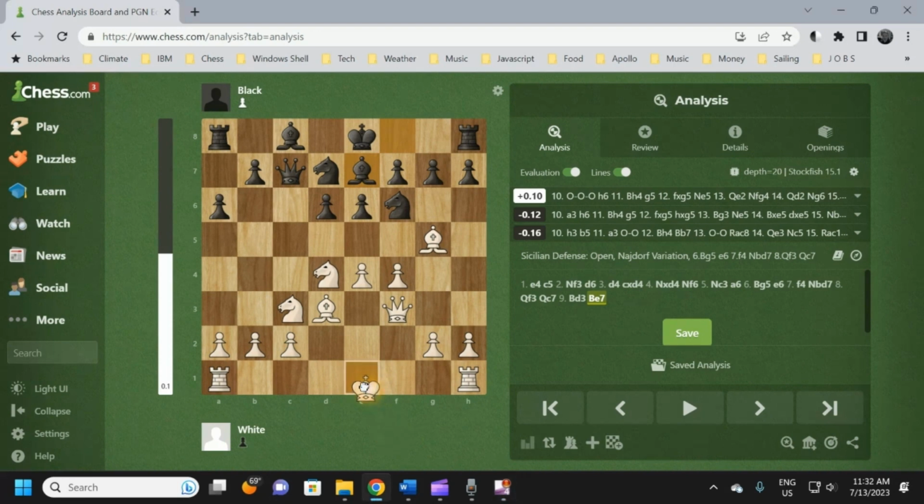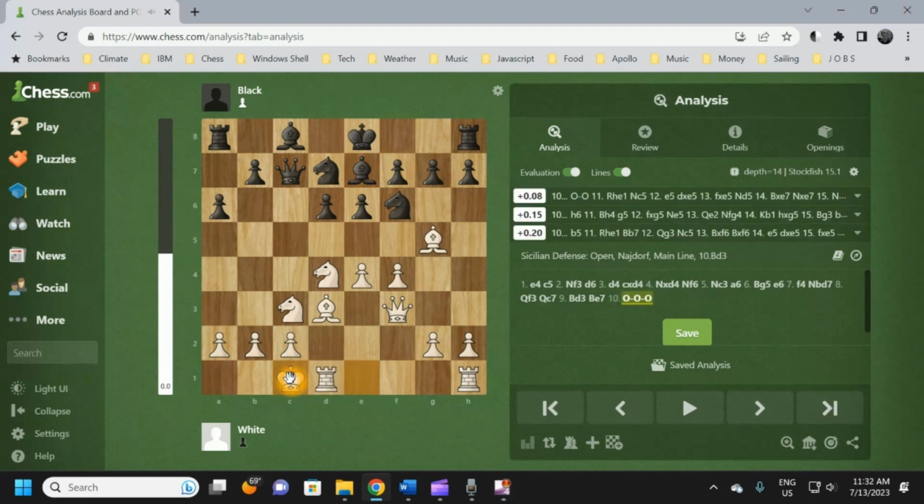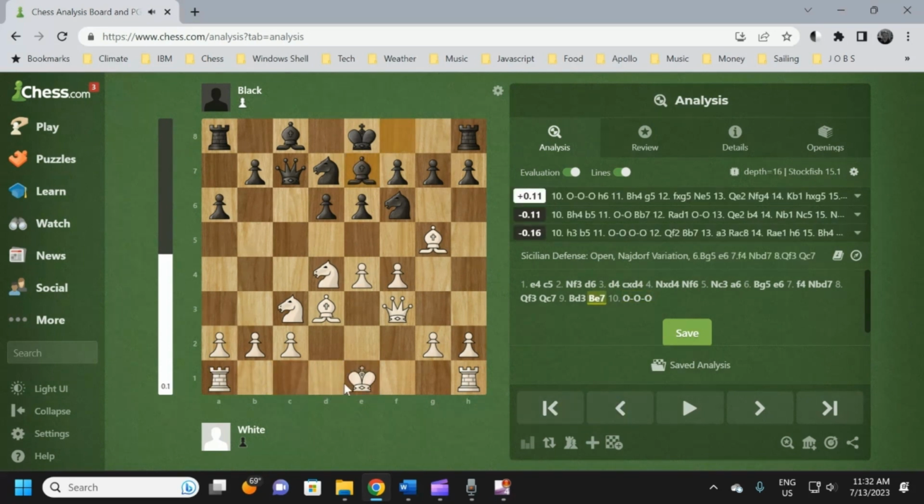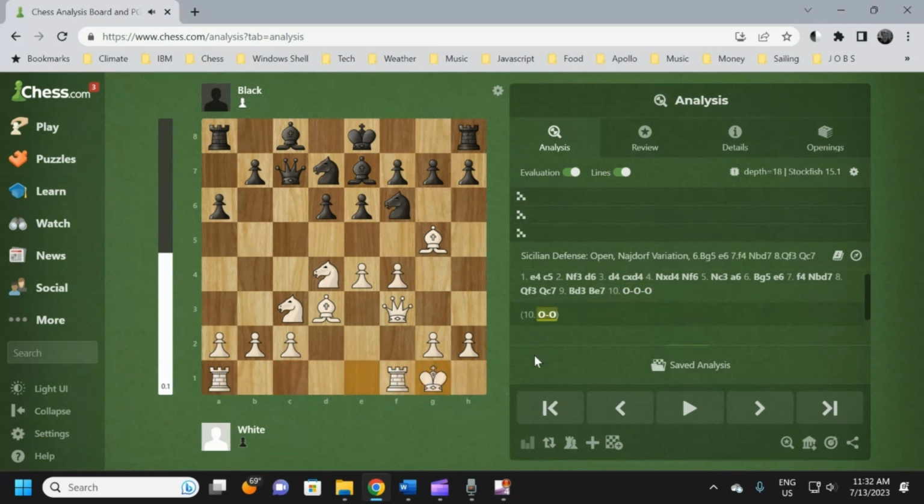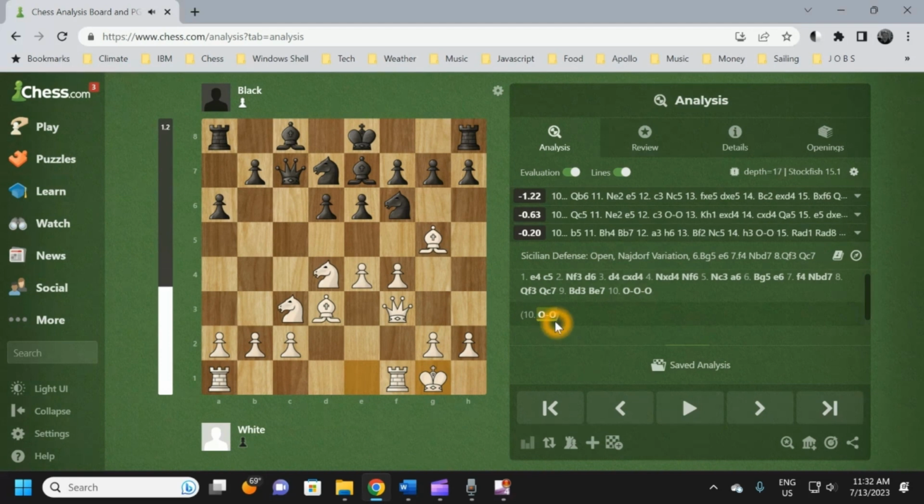So we'll castle queenside, and you'll see that is designated O-O-O. Taking that move back, castling kingside is designated O-O. And that designation is the same for white and the black pieces.